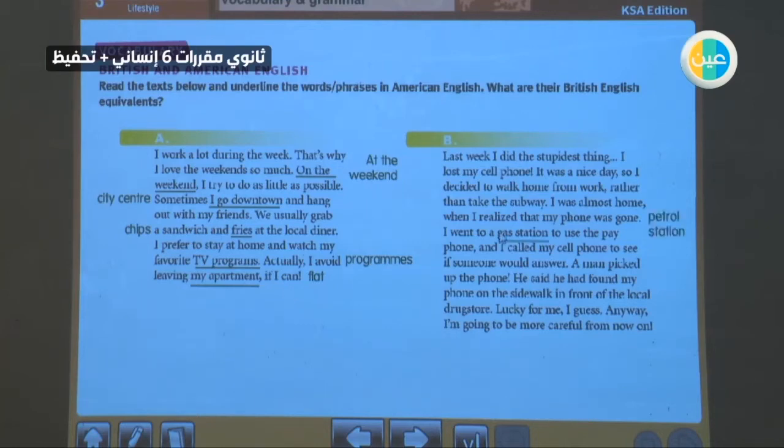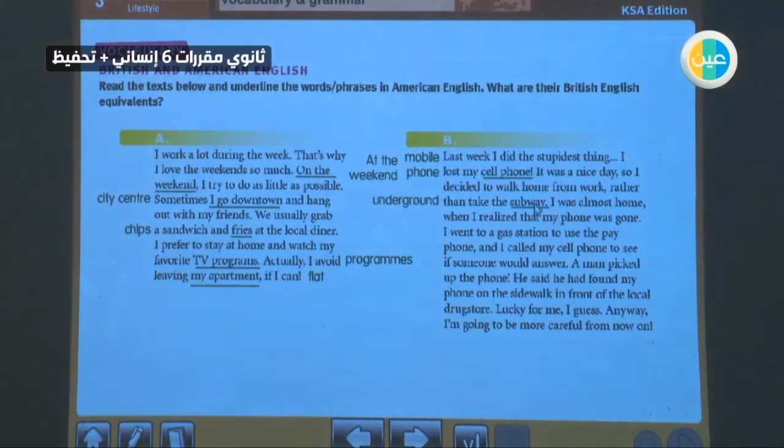Okay, let's go to number 1. Last week, I did stupid things. I lost my cell phone. Yes, cell phone. It was a nice day, so I decided to walk home from work rather than take the subway.